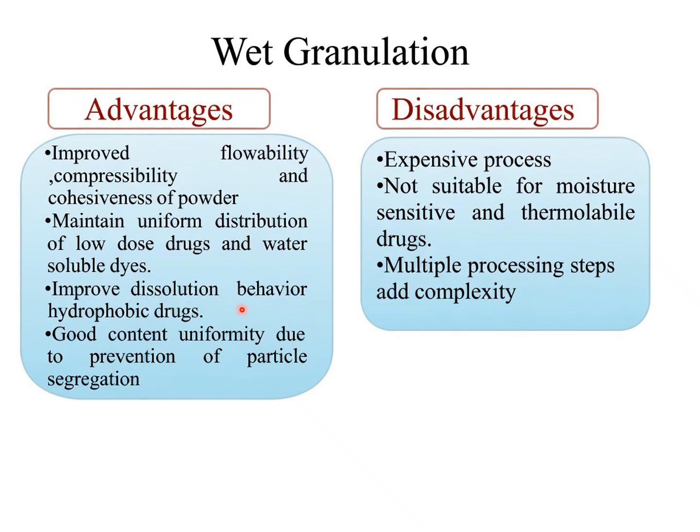It also improves dissolution behavior of hydrophobic drugs. Then good content uniformity is ensured due to prevention of particle segregation. These are the reasons why wet granulation technology is still the most preferred method for tablet manufacturing.